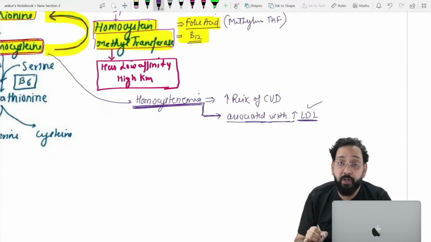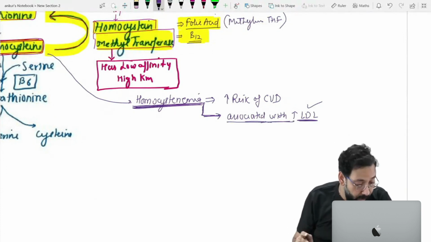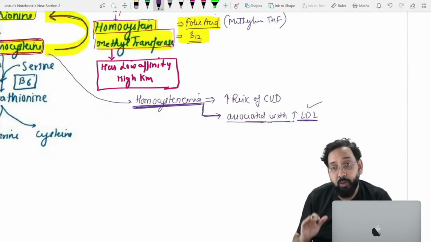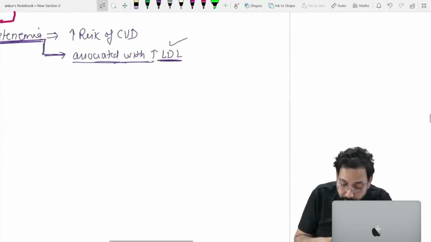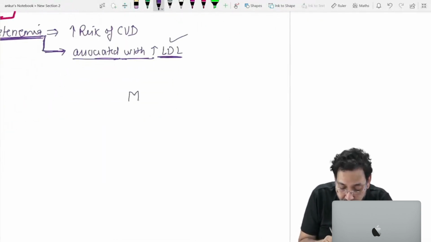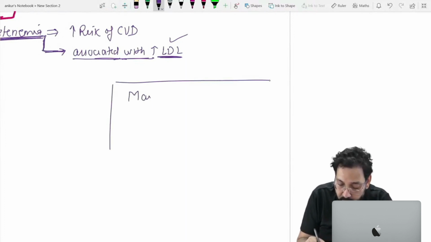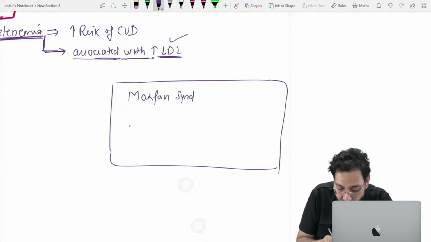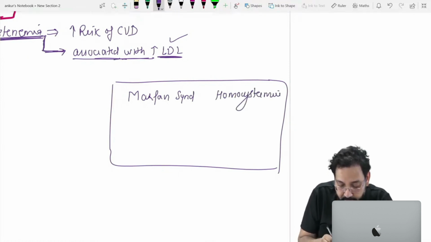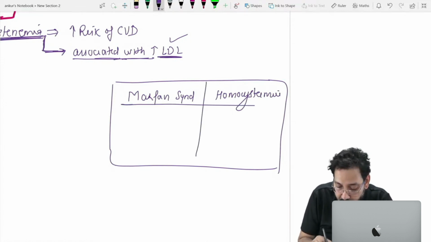Okay, so cardiovascular disease. And beyond this topic, you must know, this was a favorite question even now: Marfan syndrome, homocysteinemia, dislocation of lens.